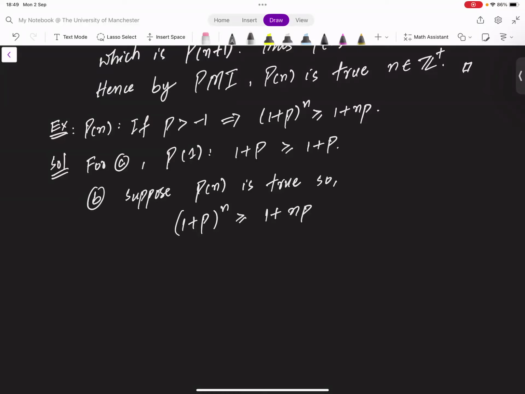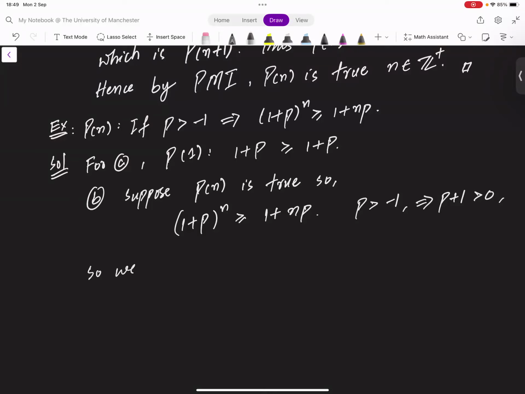This is what we have supposed. And we are assuming that p is greater than -1. We know that then p plus 1 is greater than 0, not 0, but greater than 0. So we can multiply both sides of the inequality by 1 plus p.